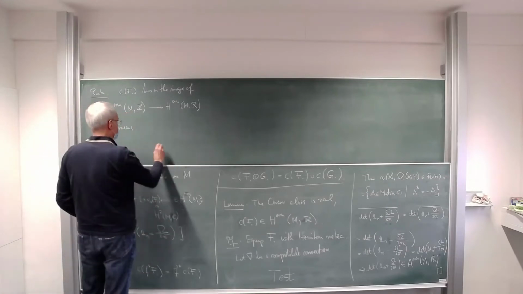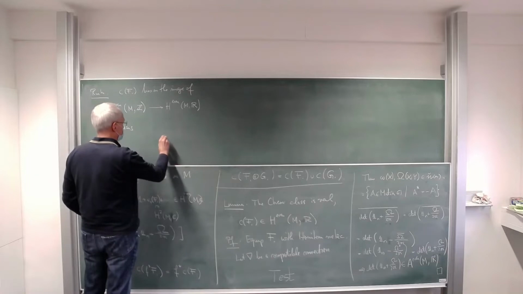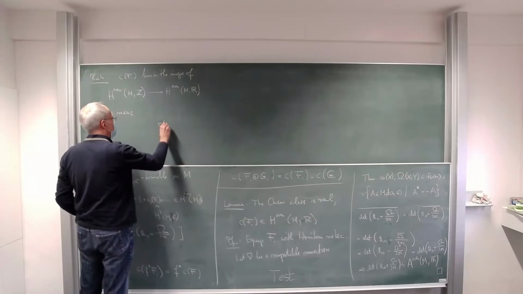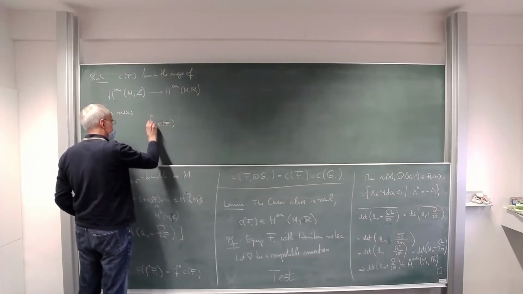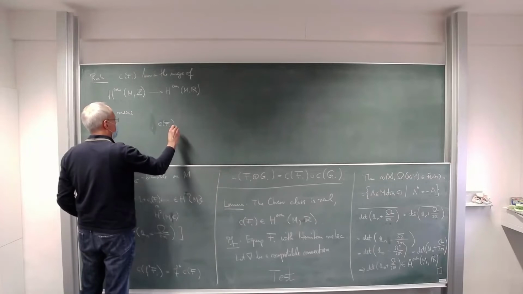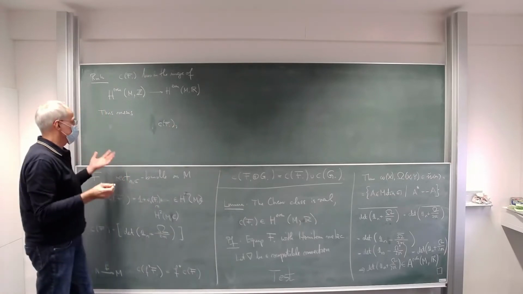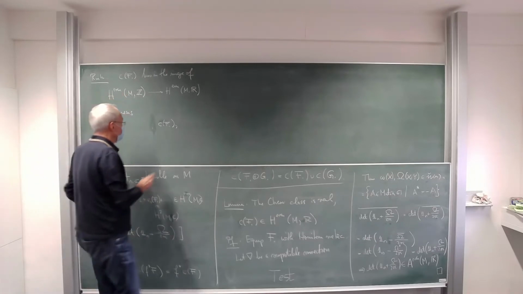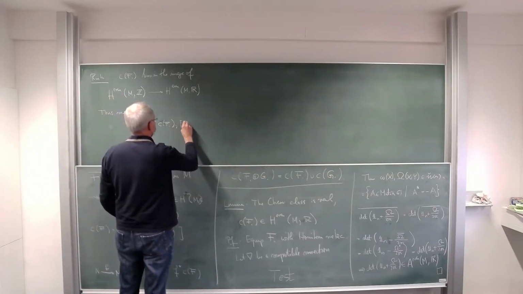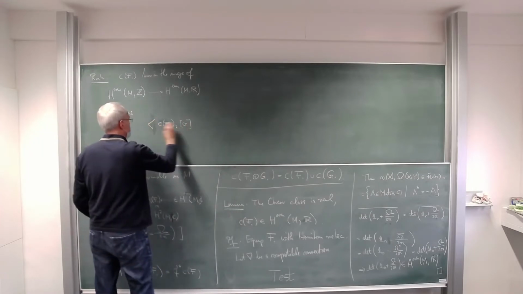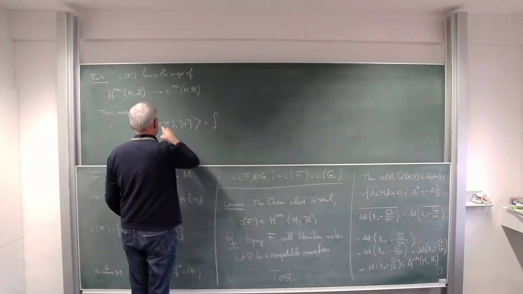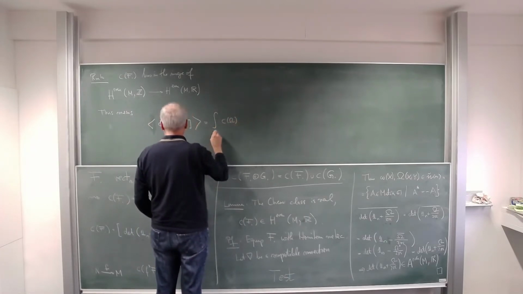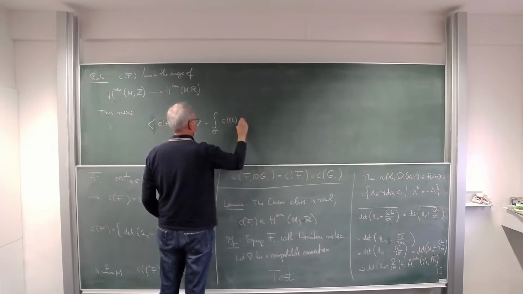So this means that any of these Chern classes, let's say c of f, if I pair it with something, for example, with a compact oriented submanifold, I pair it, and this means I integrate a representative of this over this cycle, and I get something integer.